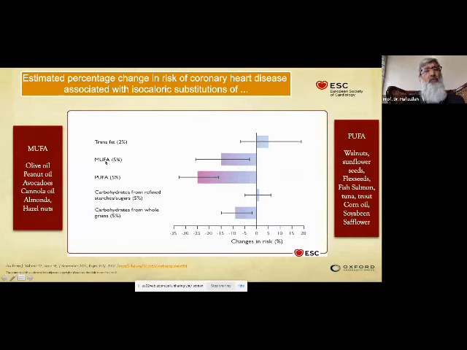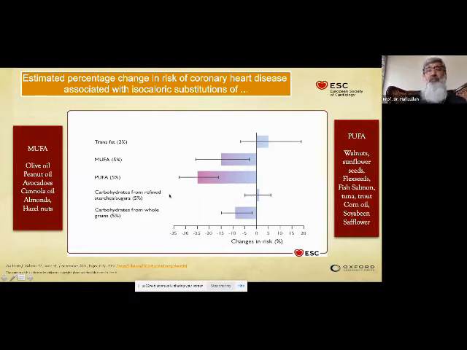If you use monounsaturated fatty acids, which are like olive oil, peanut oil, avocados, canola oil, almonds, or hazelnuts, it reduces your risk by about 12%. But if you use polyunsaturated fatty acids like walnuts, sunflower, flaxseed, fish, salmon, tuna, trout, corn oil, this reduces it much further, by about 25%.